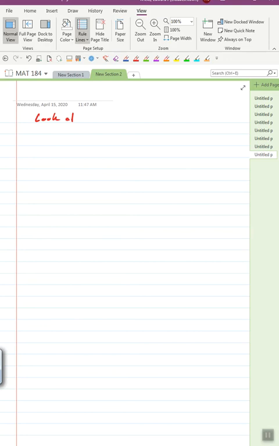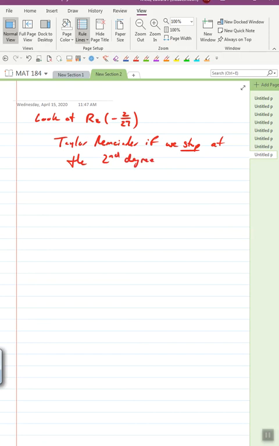Look at R2 of negative 2/27. Now, let me remind you, what does that mean? This is the Taylor remainder if we stop at the second degree Taylor polynomial.